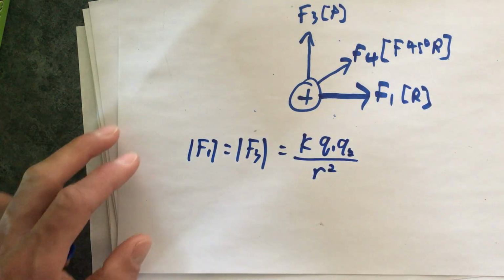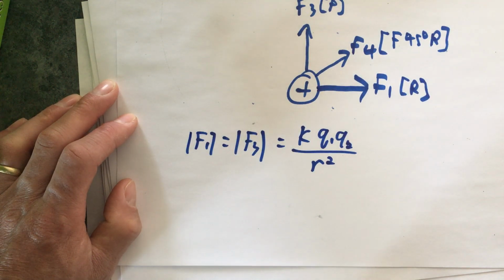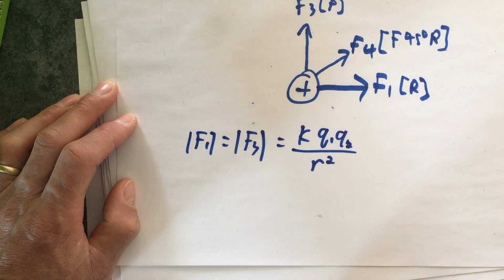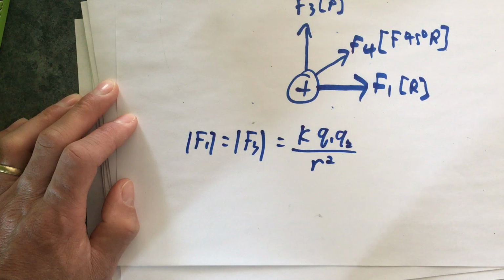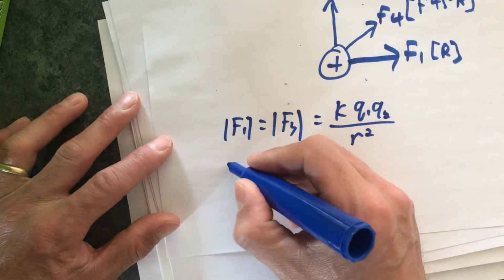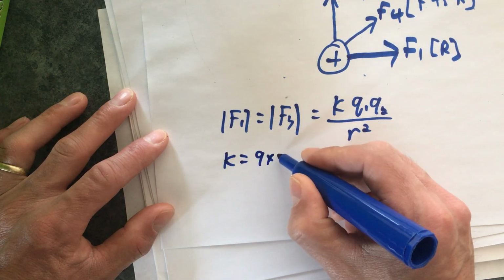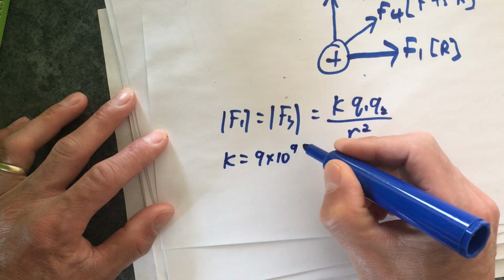And I just need these values. If you're working in SI units, that is, charge is measured in coulombs and distances are measured in meters, then the k value is 9 times 10 to the exponent 9. So I'll list the various things out here. k is 9 times 10 to the exponent 9.